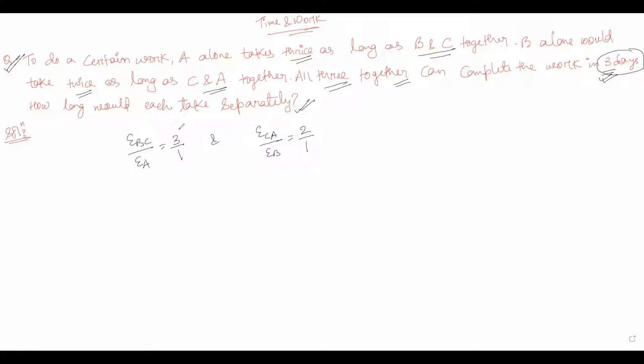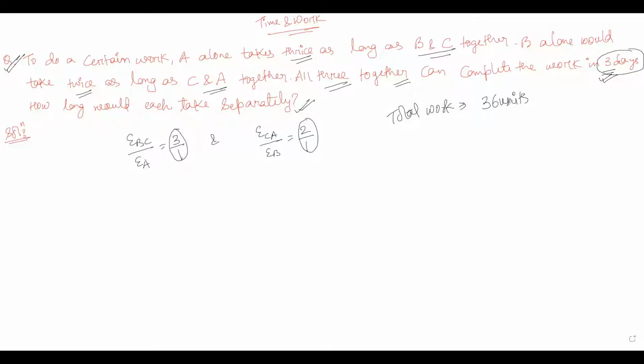Also here the total efficiency would be 4, and here the total efficiency would be 3. So we can say that one day's work should also be a multiple of 4 and 3, that is 12. So let us assume that the total work should be 36 units.